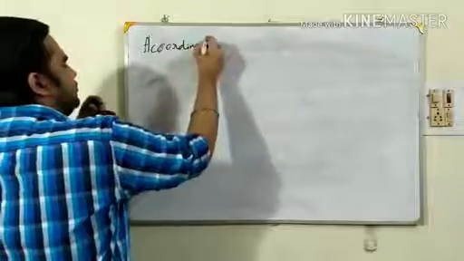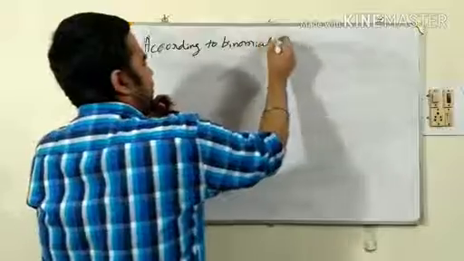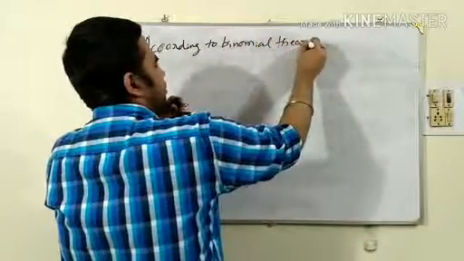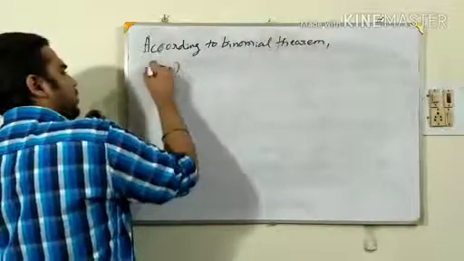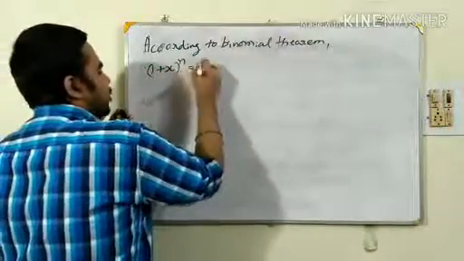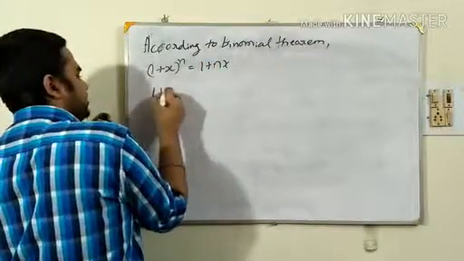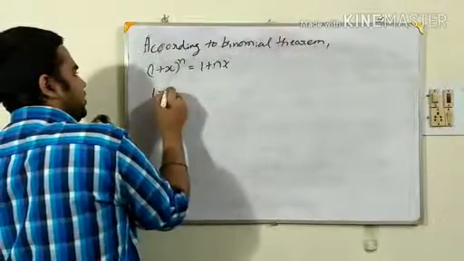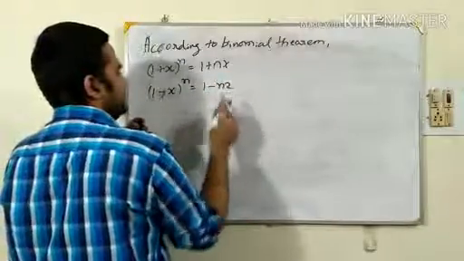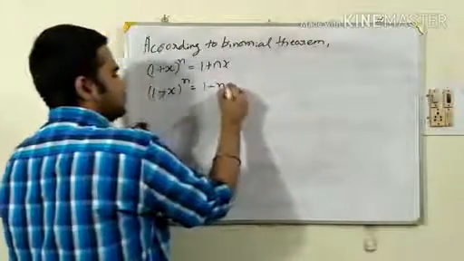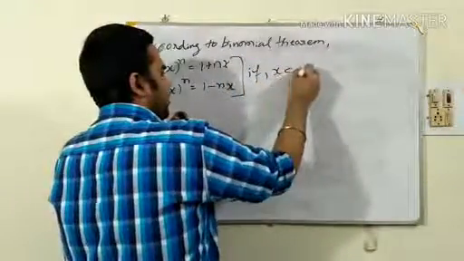According to the binomial theorem, 1 plus x to the power n is equal to 1 plus nx, and 1 minus x to the power n is equal to 1 minus nx, for both if x is very less than 1.